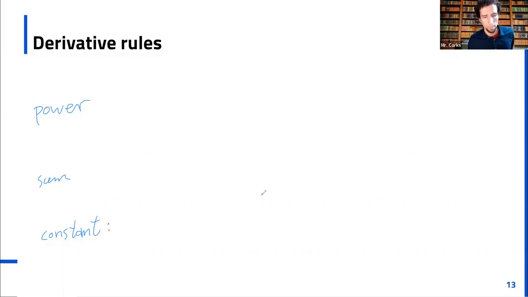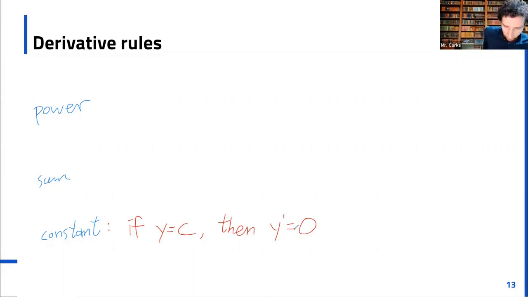If y equals c, then y prime, we read that as y prime, equals 0. Okay, so that's the formal statement of it. If y is a constant, then the derivative of that constant will be just 0.